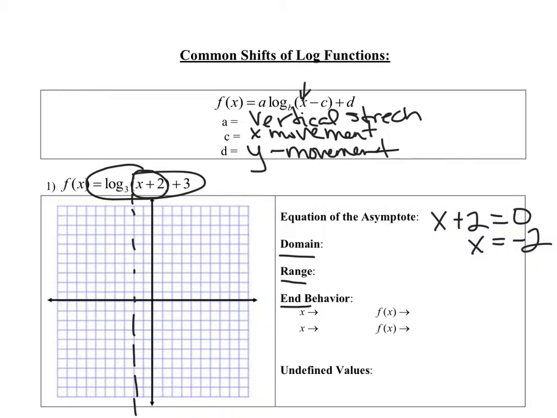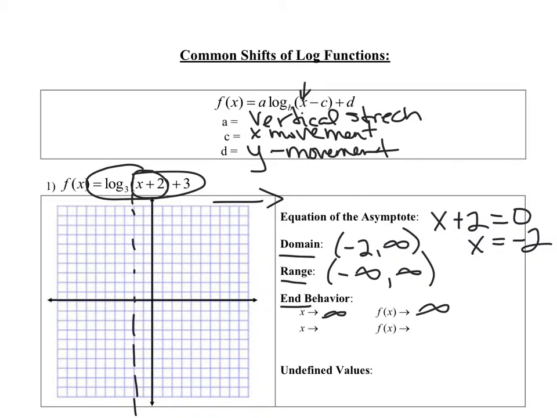The domain, so look on the page right before, starts at the asymptote and goes to infinity. So it's going to be going this way. And the range is everything. It goes high and low. End behavior: as x goes to infinity, y goes to infinity. So it doesn't go up very fast, but it does go up.